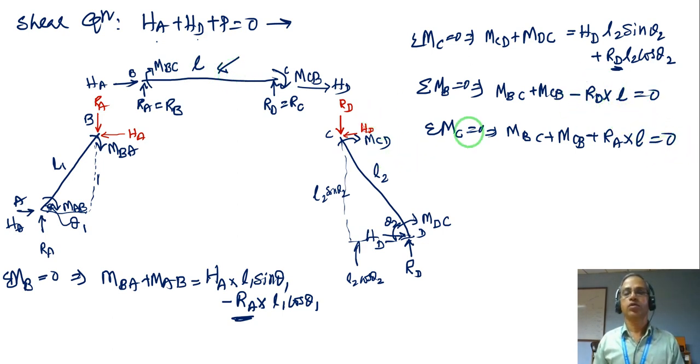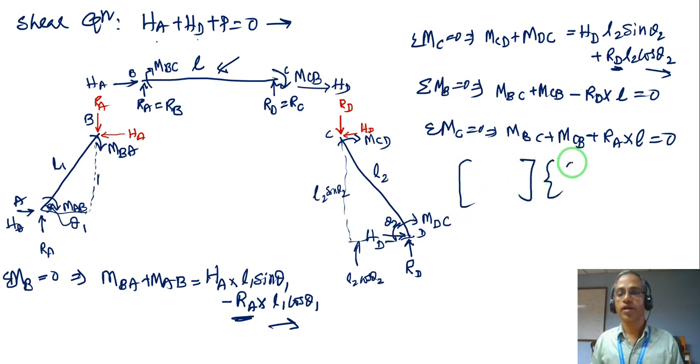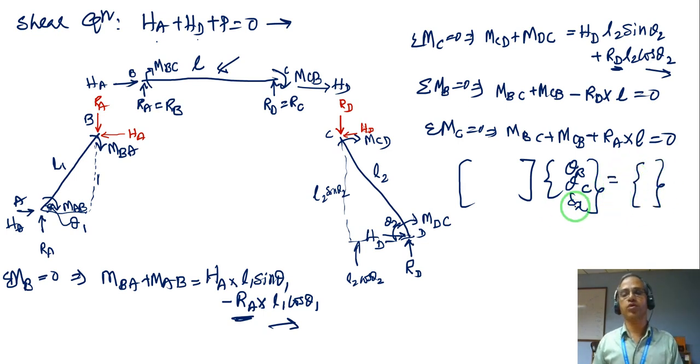So this way, RA and RD substituted into these equations, get HA and HD, and back substituting into this equation. So finally I will have the equation in terms of theta B, theta C, and delta 1 or delta 2, you can substitute into one of them, plus constant terms. So once I solve delta 2, I can find delta 1 because I have a relation between delta 1 and delta 2. Thank you.